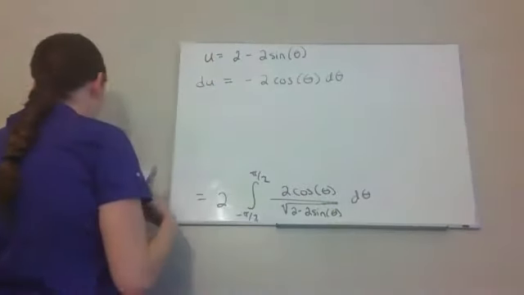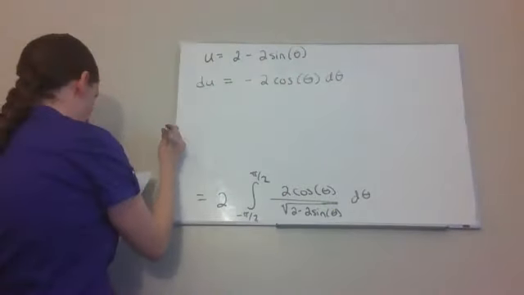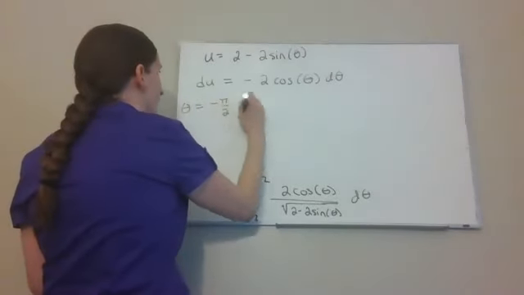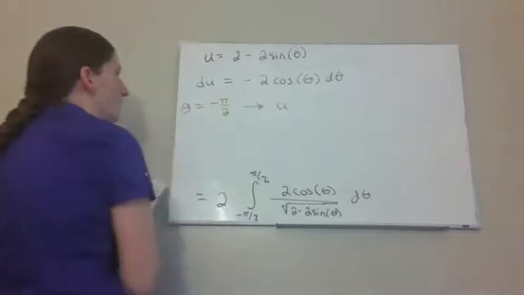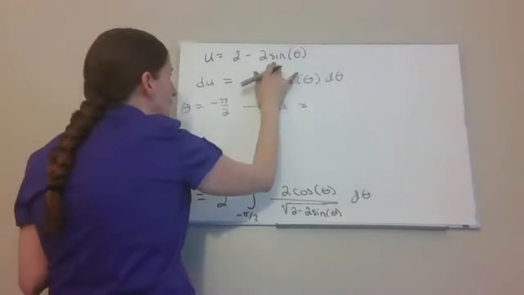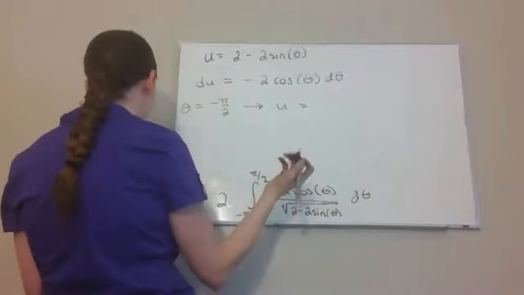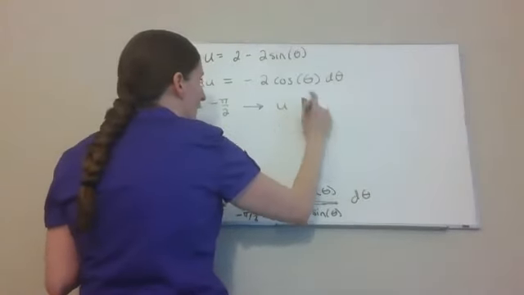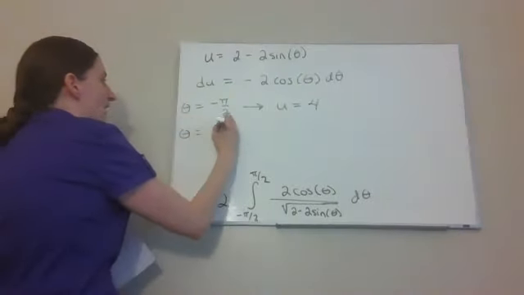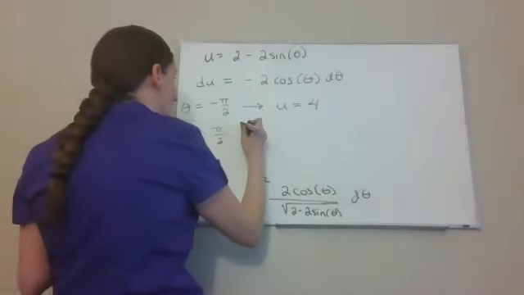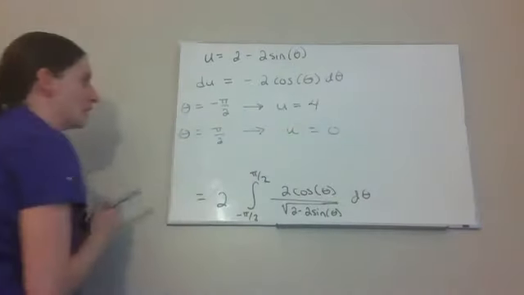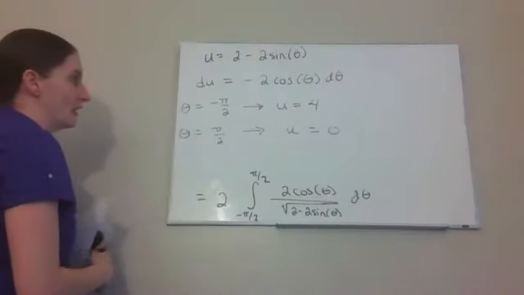And I'm going to change my bounds of integration. When my theta is negative pi over 2, that means my u is equal to 2 minus 2 sine of negative pi over 2, and that simplifies to 4. And when my theta is positive pi over 2, I'm going to get u is equal to 0. And you just get that u by plugging your theta into your u.